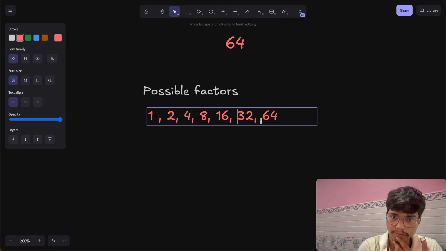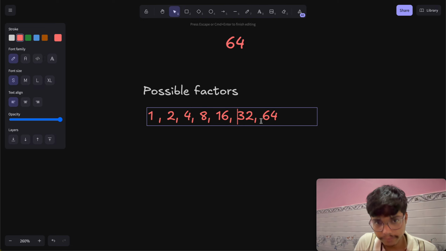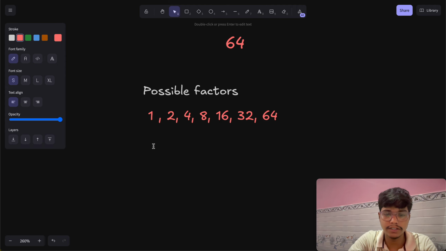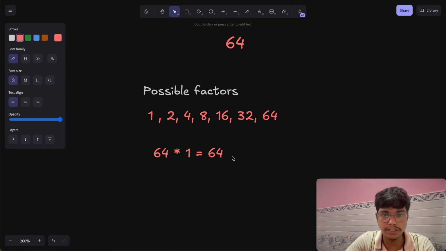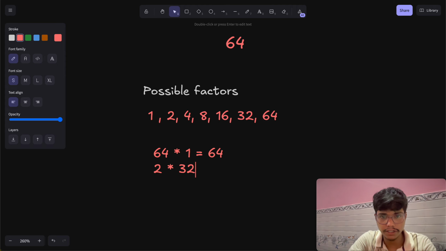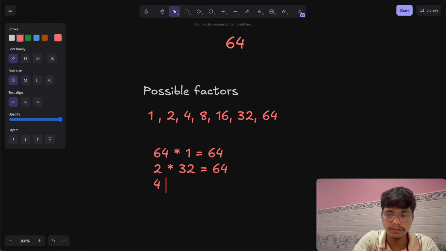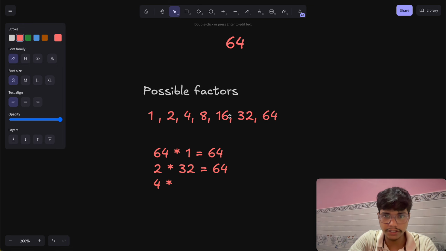So there is one thing, if you can see, that each factor forms a pair to make 64. For example, 64 multiplied by 1 equals 64. 2 and 32, 2 times 32 equals 64, and 4 and 16 equals 64.